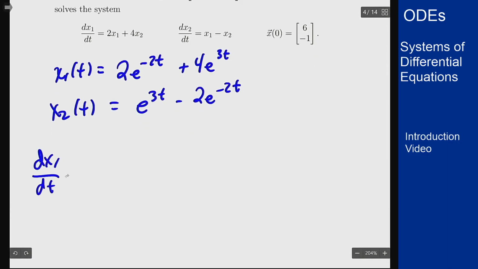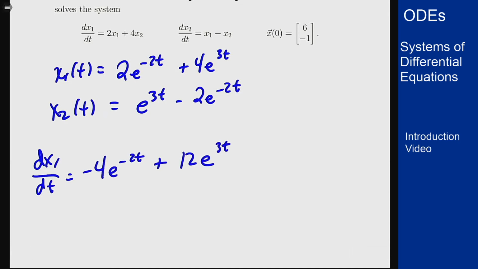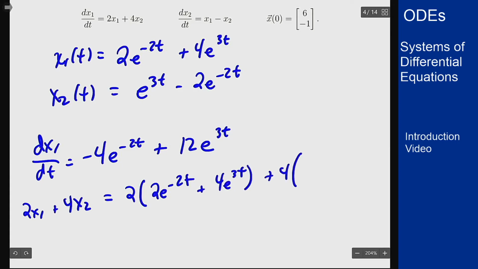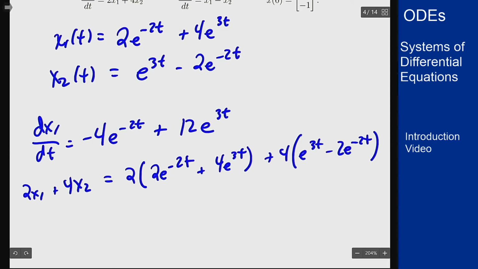Well, dx1 dt is going to be -4e^(-2t) + 12e^(3t). And if I look at the other side, 2x1 + 4x2 is going to be 2 times (2e^(-2t) + 4e^(3t)) plus 4 times (e^(3t) - 2e^(-2t)), which is going to give me 4 - 8 e^(-2t), so -4e^(-2t).